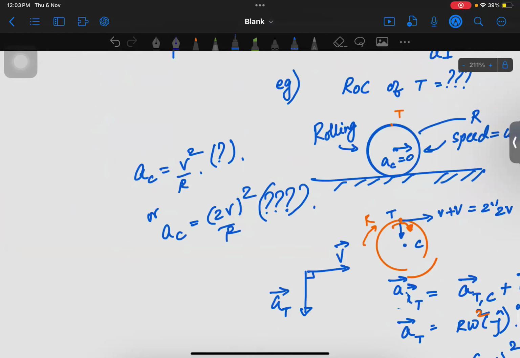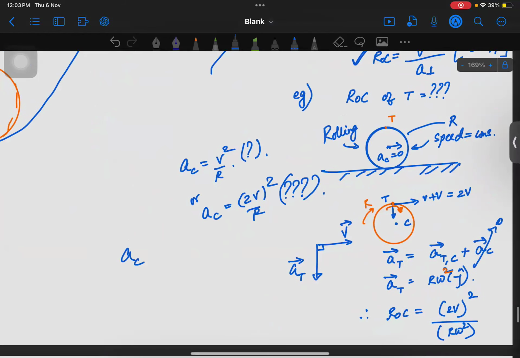The centripetal acceleration is nothing but v relative square divided by the value of this distance between the center and that particle, and that too in a direction perpendicular to the line joining. This is the actual definition of the centripetal acceleration.